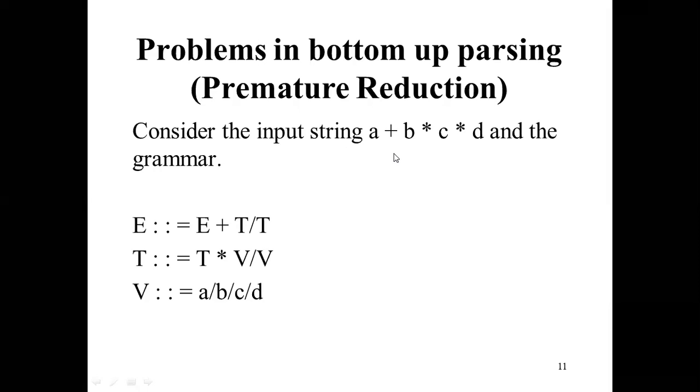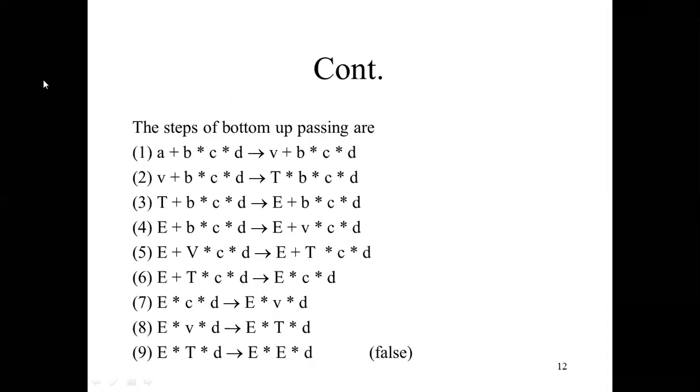Premature reduction means you want to achieve this, but by replacing directly, leaving a few steps, you are getting this string. By two methods, here you can achieve this one by using two options. So that is called the ambiguous grammar. Now we can see in the next slide the steps of the bottom-up parsing.